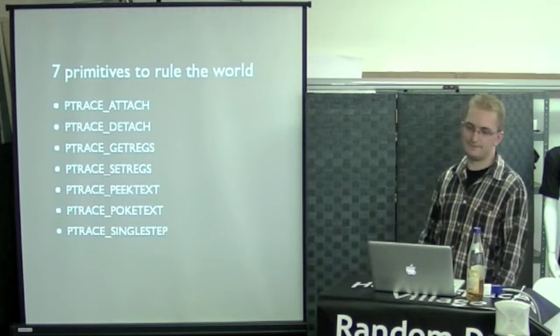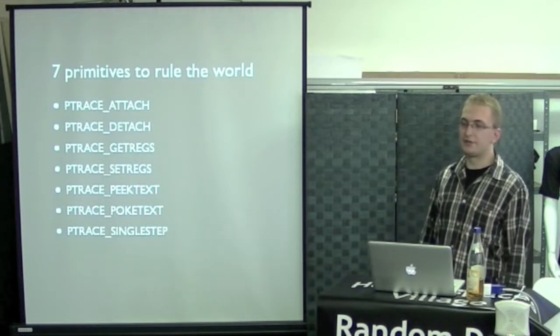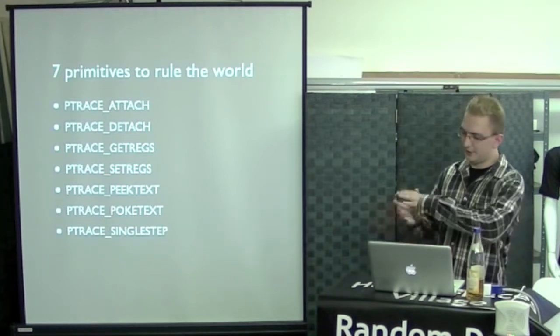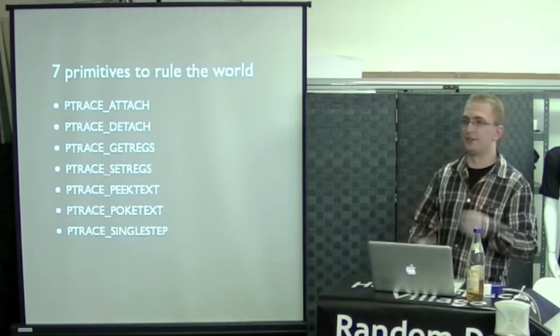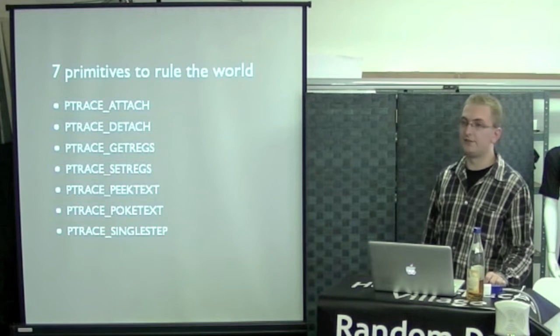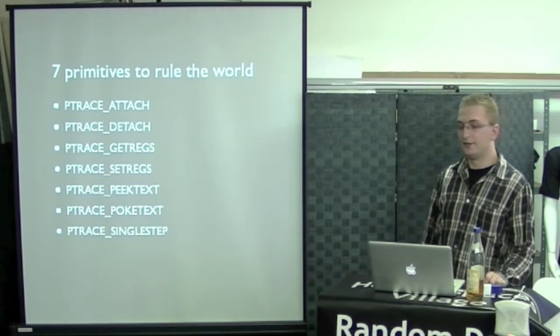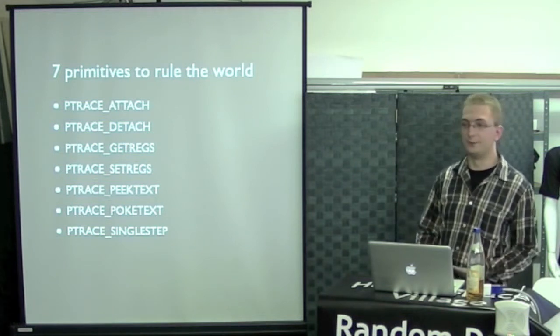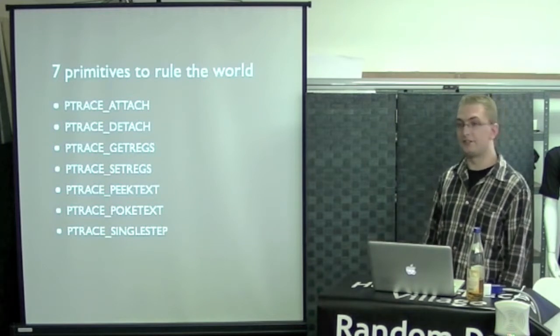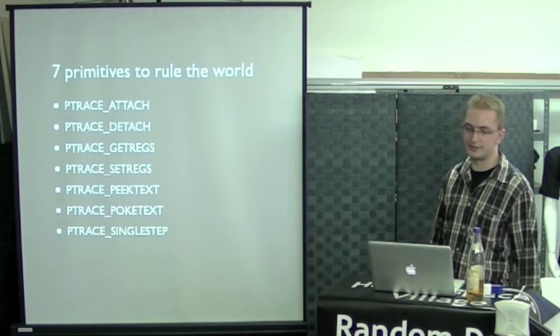from the program again. Then we have ptrace get regs, or get registers. What this does is get the current CPU context, including all the registers, and returns it as a nice structure to the application. Then we have ptrace set regs, or set registers, to change registers of a running program. Then we have ptrace peek text and ptrace poke text.